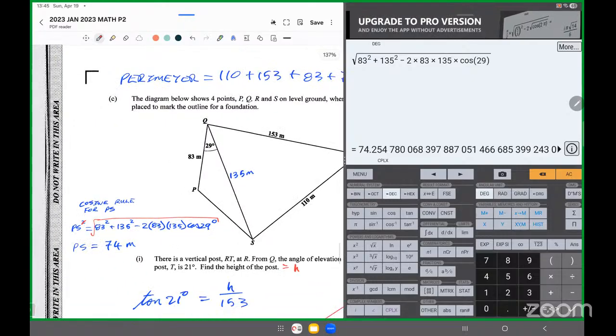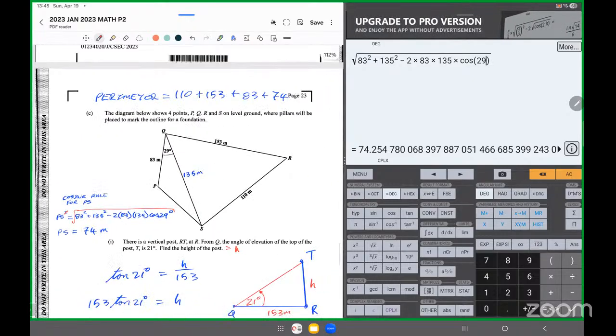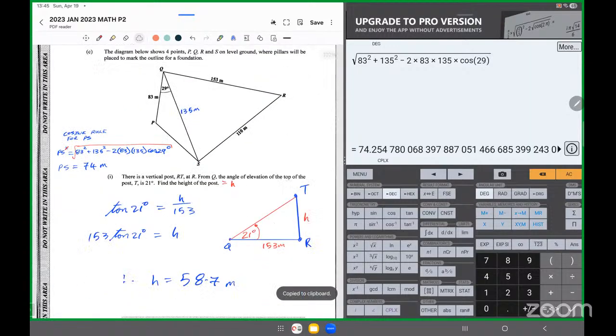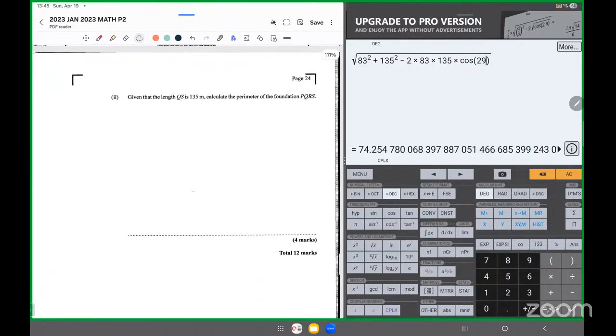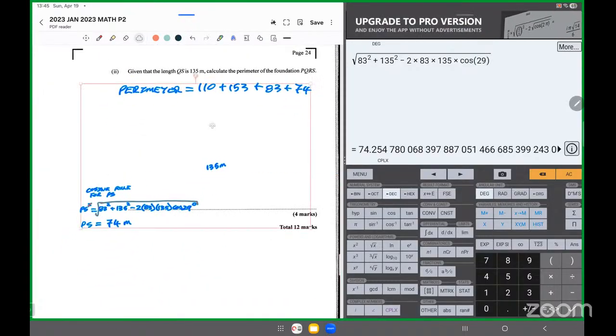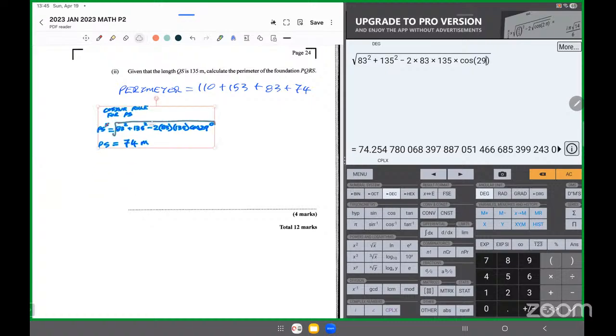I'm going to copy these down to the next page. So this was the PS calculation, and this is the final calculation. Put this under here.